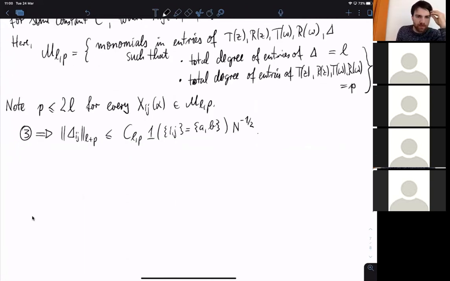Here I just use that the H and the H prime are Wigner matrices.